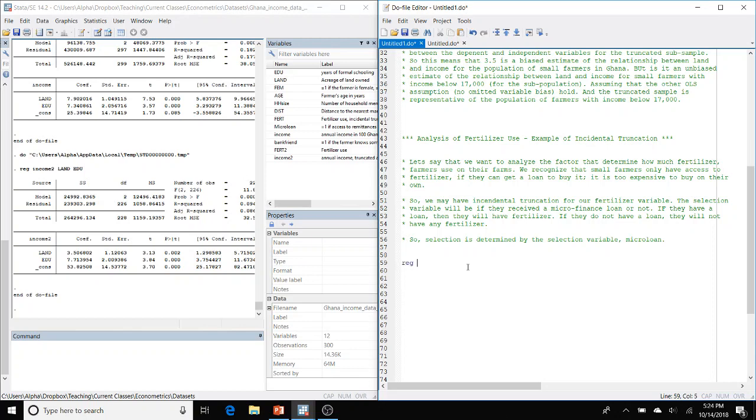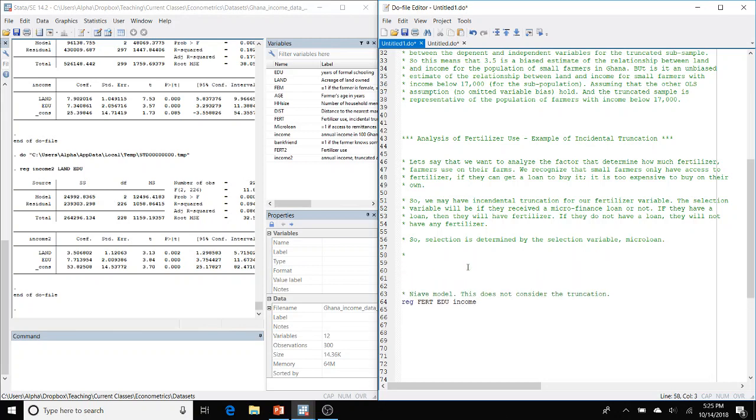So in that case, that would be reg fert, and let's just say it's going to be a function of edu and income. All right, so we just want to look at the effect of education and income on fertilizer use. All right, so this is kind of our naive model. All right, this does not consider the truncation.